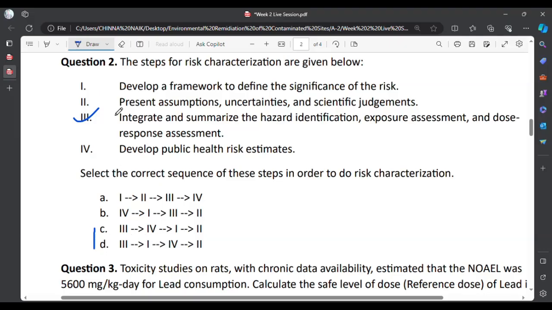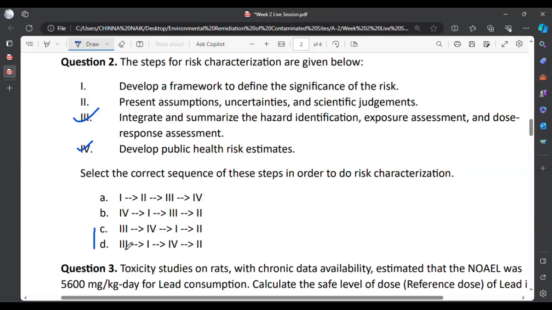Which one should come next? Develop public health risk estimates, yes, right.